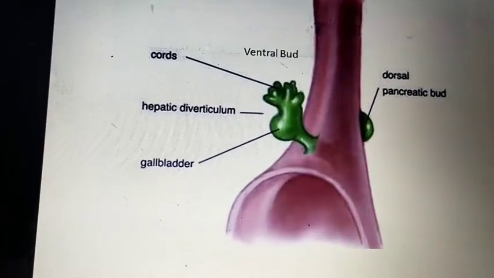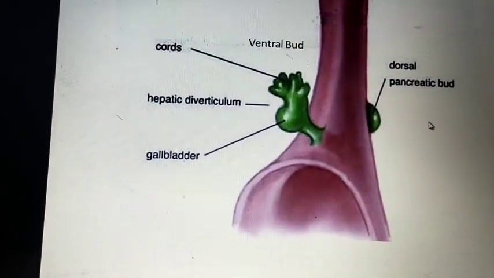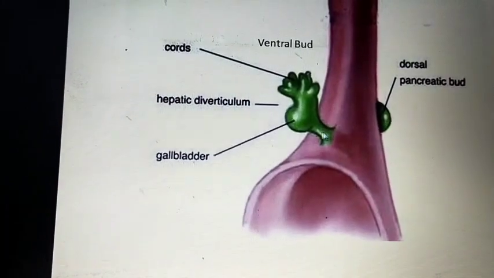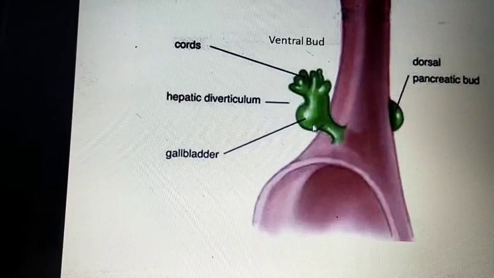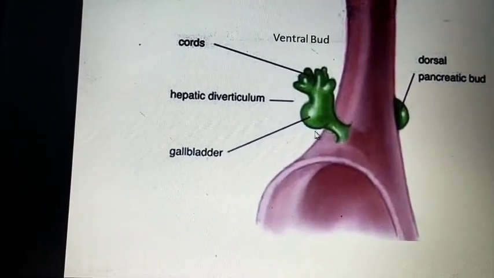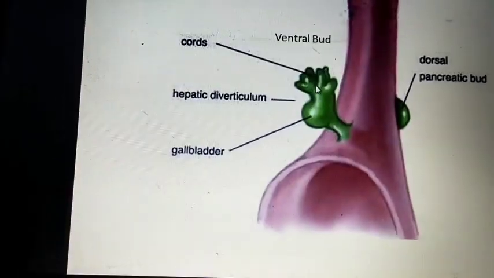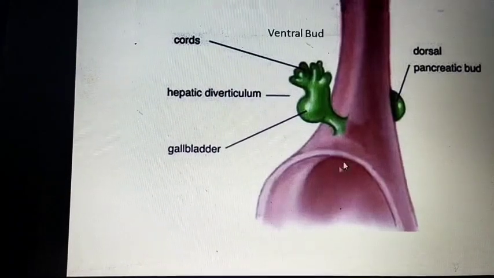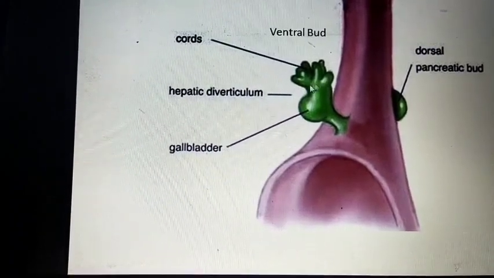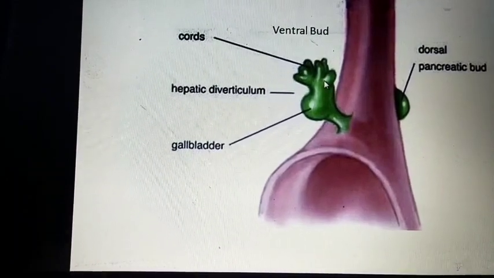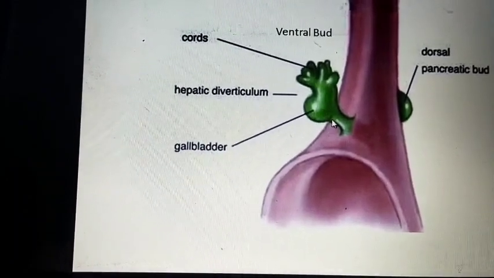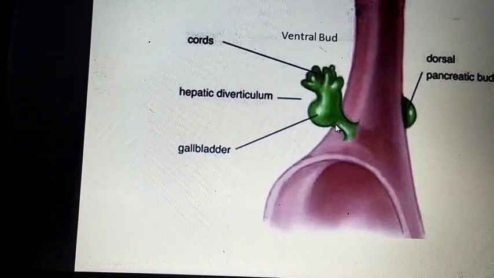Here you can see the dorsal pancreatic duct, and this is the ventral bud. This dilated part of the diverticulum forms the gallbladder, and the whole thing is called the hepatic diverticulum. It has cords and also a bud, the ventral bud.